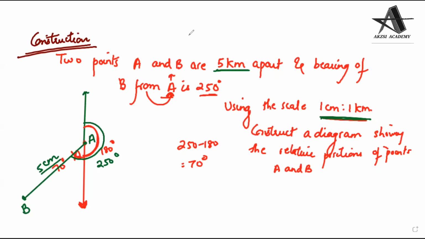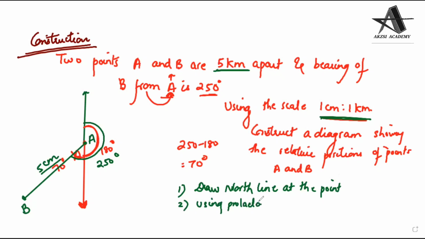Now take the screenshot of this and along with it write the construction. You can see the steps. Okay, let me write down the construction steps. The first is draw north line at the point. Second is using protractor, draw the angle.